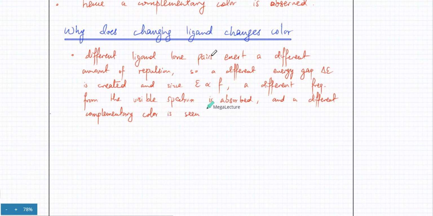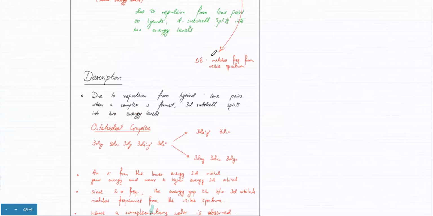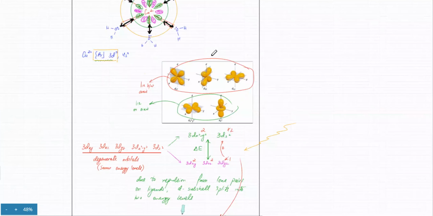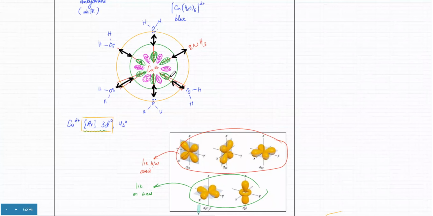Now it doesn't change drastically. A lot of the time, the complexes are very close in color, even if you change ligands. For example, in the case of copper, copper with 6 water molecules is blue in color, but if you bring in ammonia, it becomes a darker, deep blue. If you bring in OH, it becomes pale blue. But if you bring in Cl minus, then it becomes yellow.